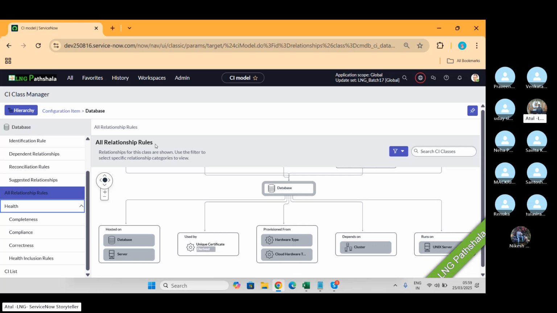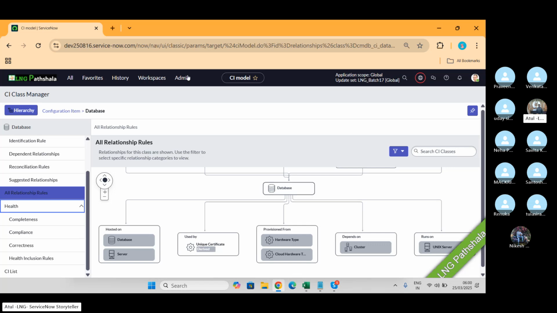What is a CI? What is an asset? CI versus asset, the differences and similarities. These are basics. I'm again saying these are all basics. Maybe you can ignore today's homework, or maybe you can do it. It depends on what you actually want.